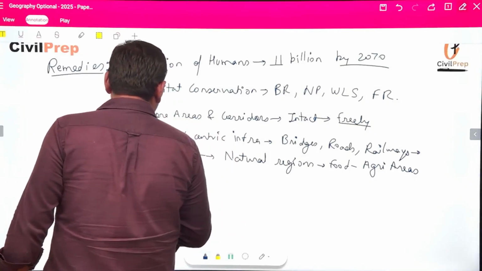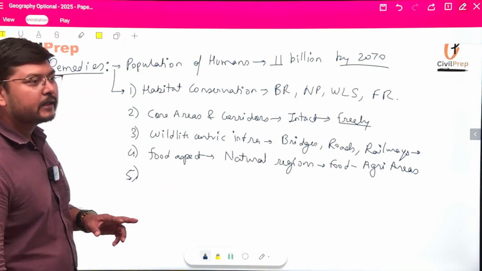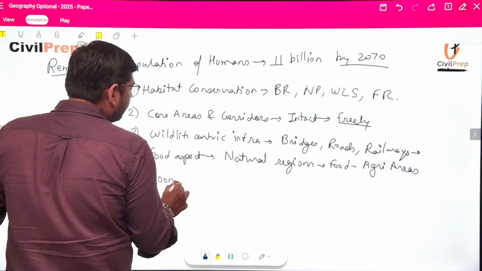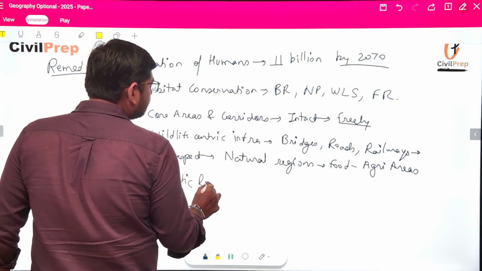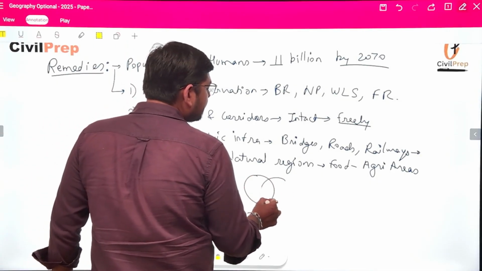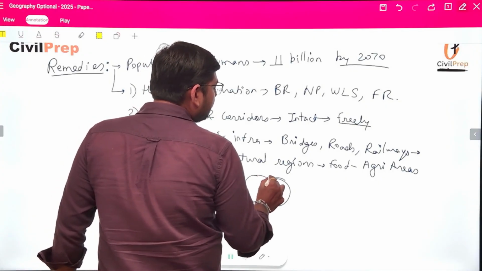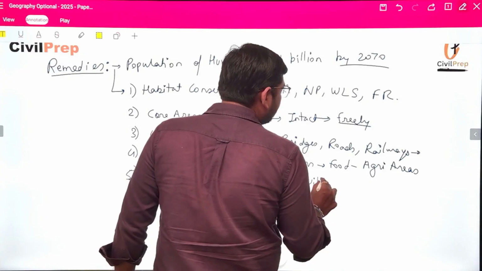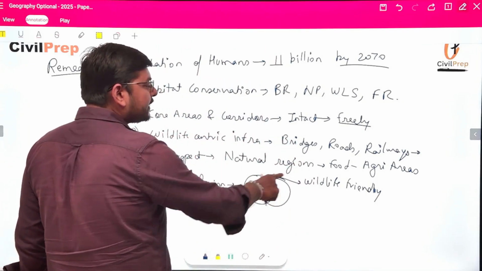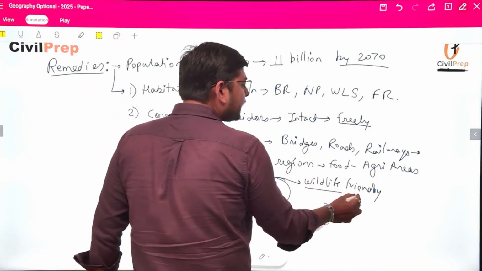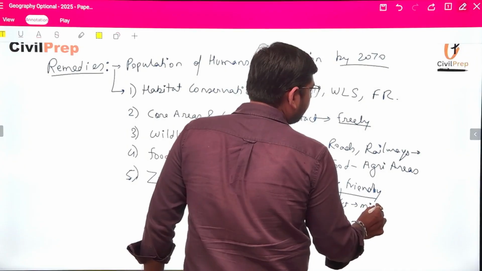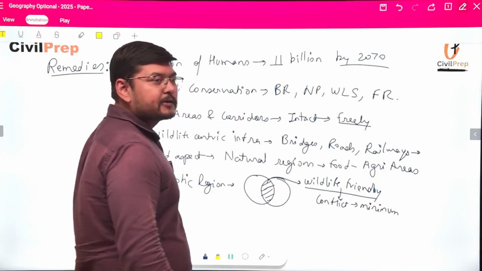Fifth thing we can do with respect to the conservation aspect, to avoid man-animal conflict, is to develop a zoonotic region, where humans and animals coexist. This interfering region has to be more wildlife friendly so that the conflict is minimal. So this also has to be seen from one perspective.